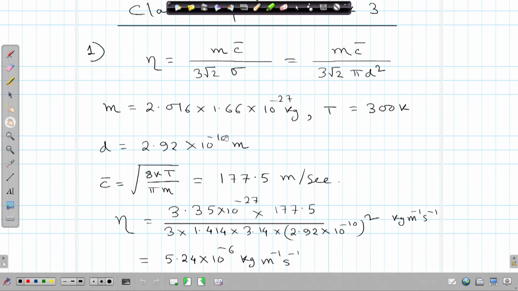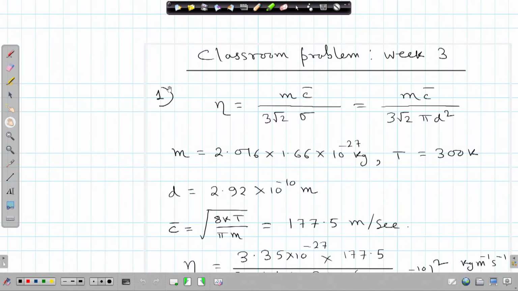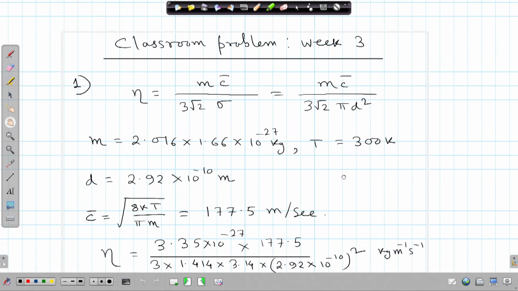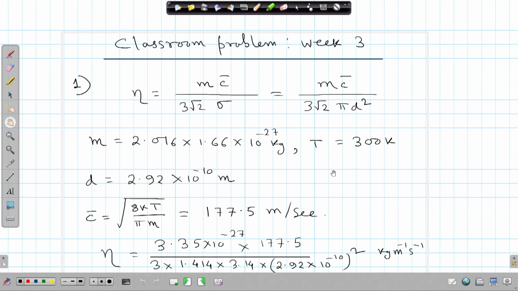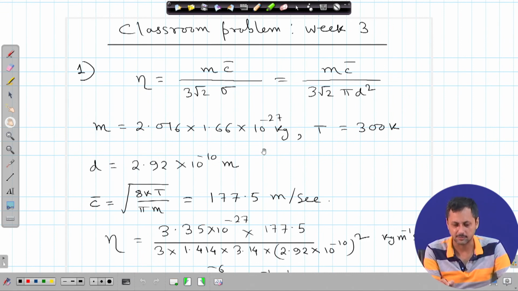Here we simply have to start from this relation, which is eta is equal to m c bar divided by 2 root 3 sigma, which can also be written as 2 root 3 pi d square. m is given as 2.016 atomic units, which is 2.016 into 1.66 into 10 to the power minus 27 kg.